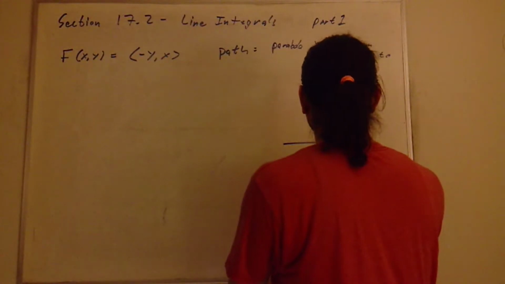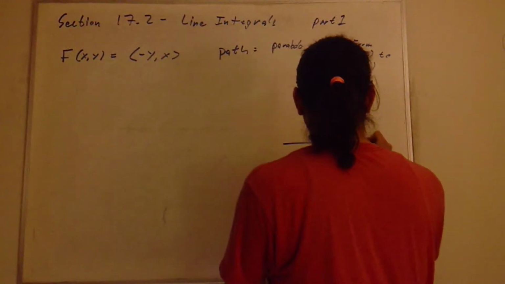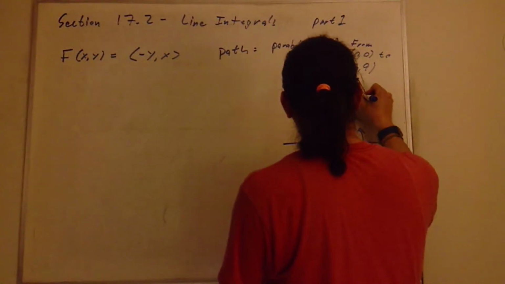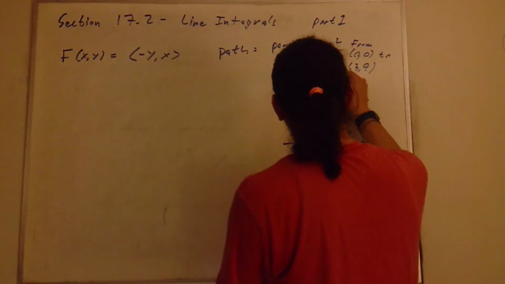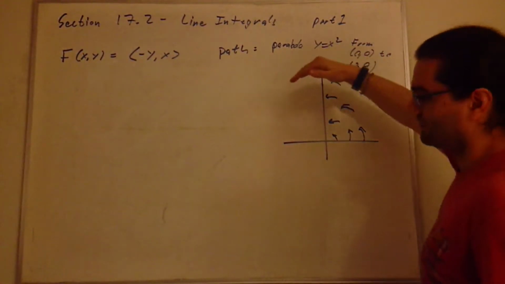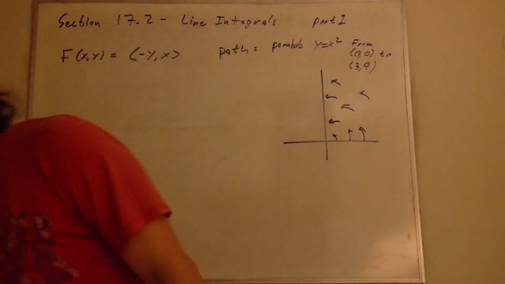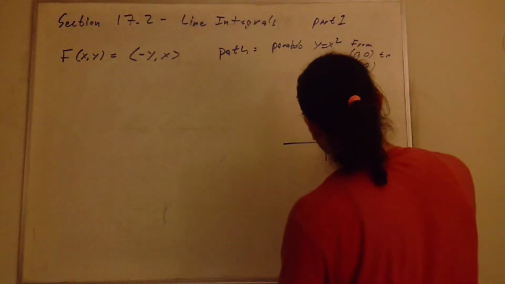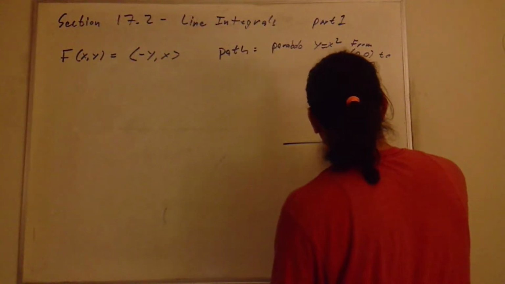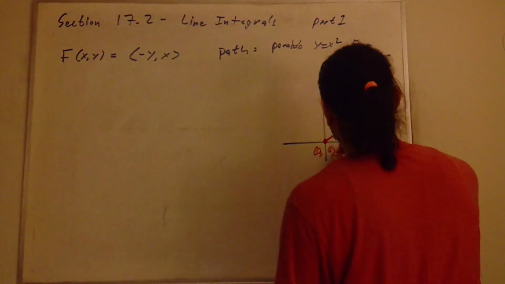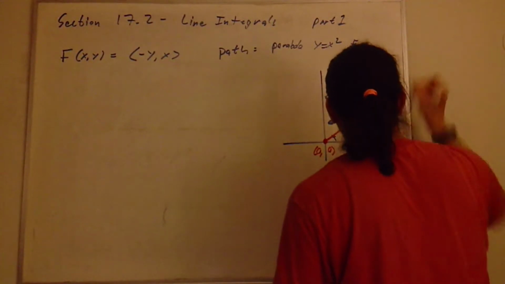It's doing curvy stuff. We have this vector field that's kind of flowing counterclockwise. And across that vector field, we'll do this in red. Across this vector field, we have a parabola. It's going to do this. Here's 0, 0, here's 3, 9.